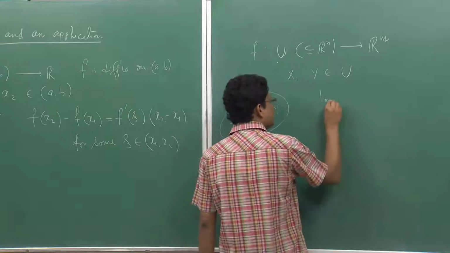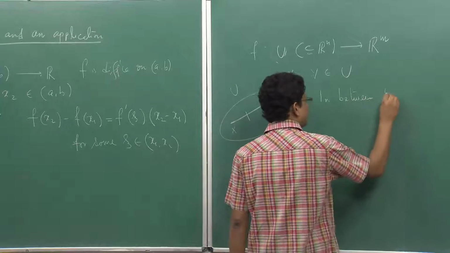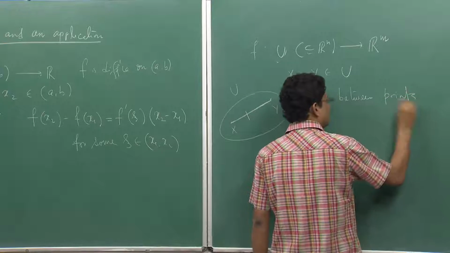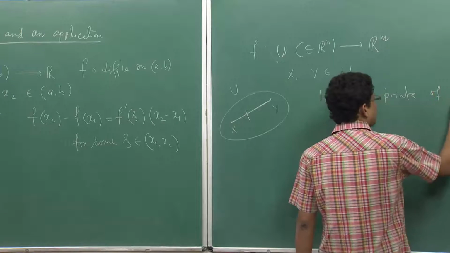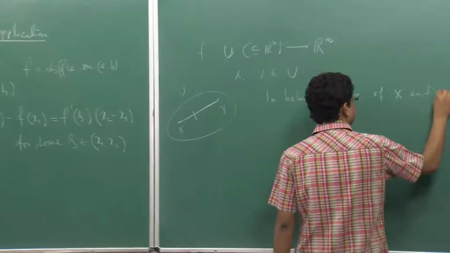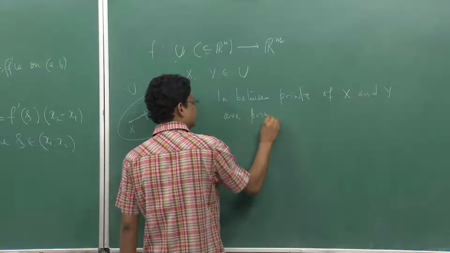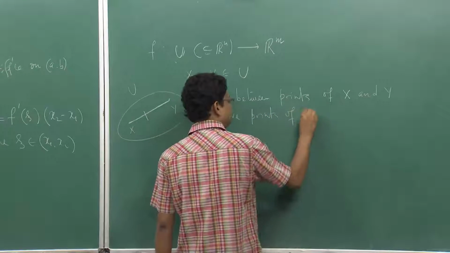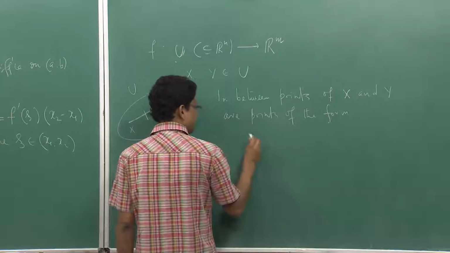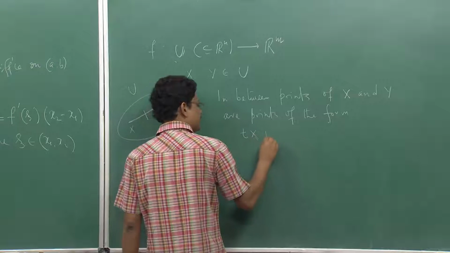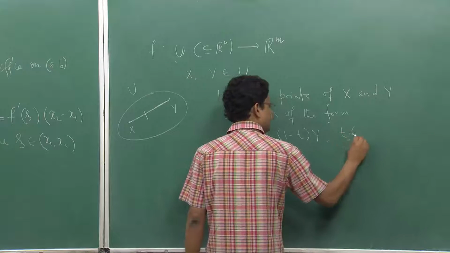So, in between points of x 1 and x 2 are points of the form, all the points in the line, that is t x plus 1 minus t y, t in 0 1.